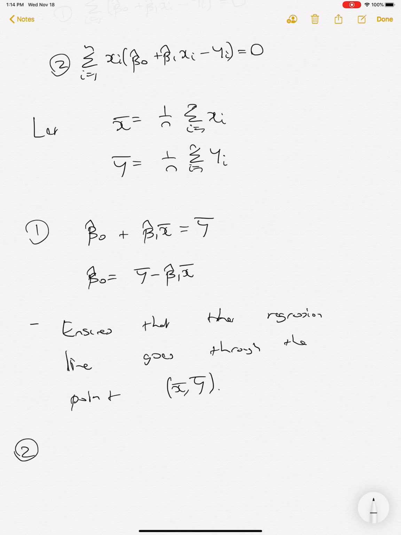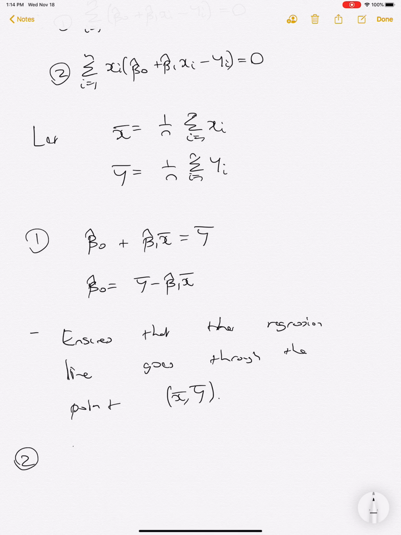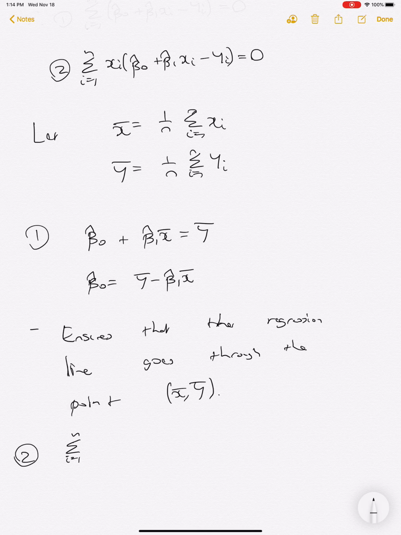So to solve this second equation, we have this equal to 0.